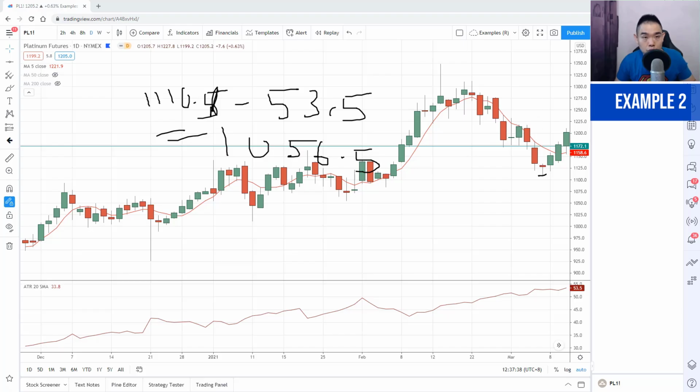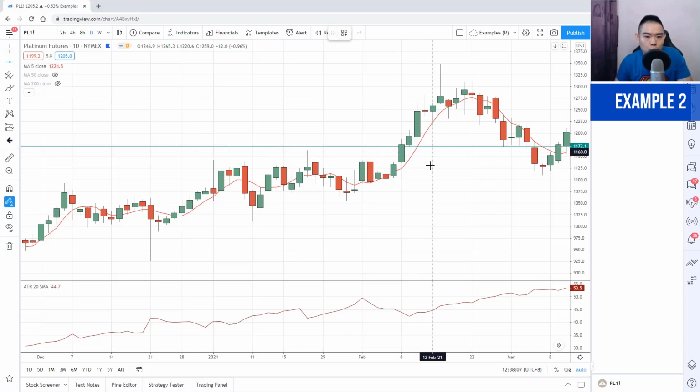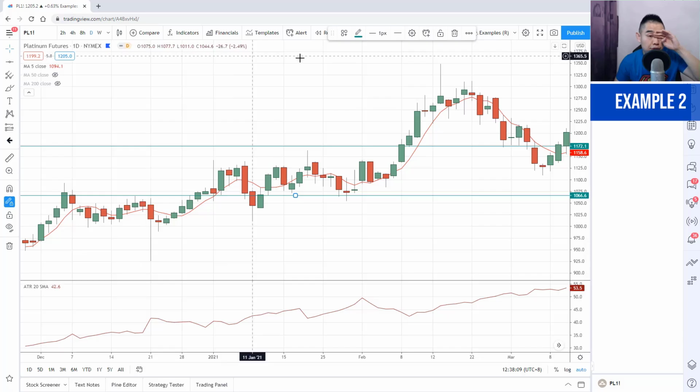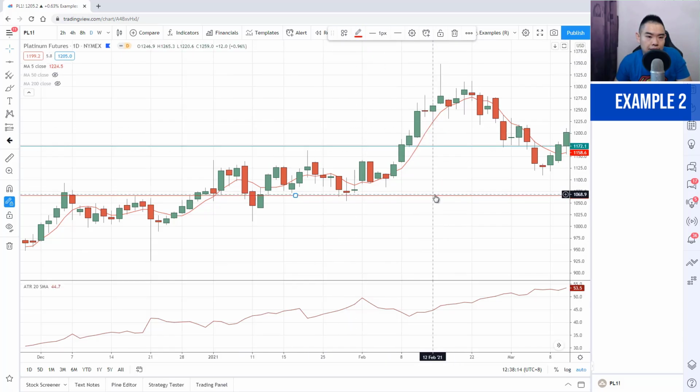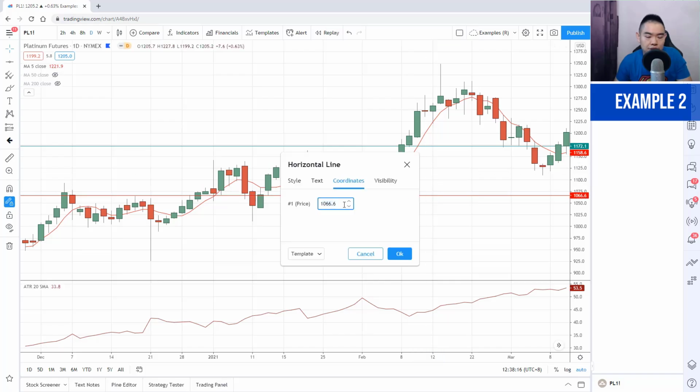So what you're going to do is set your stop loss at 1056.5. Let me share with you over here. Say stop loss is red, and the level that we will use is 1056.5. There you have it, our stop loss.